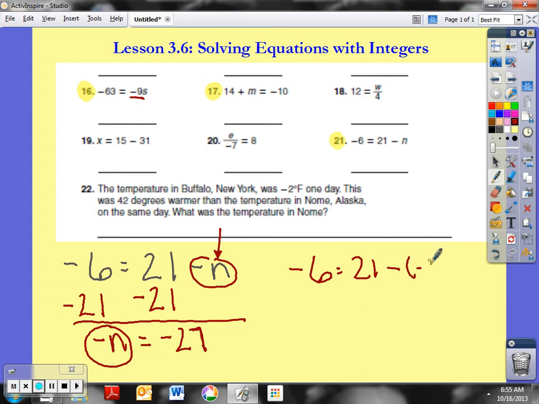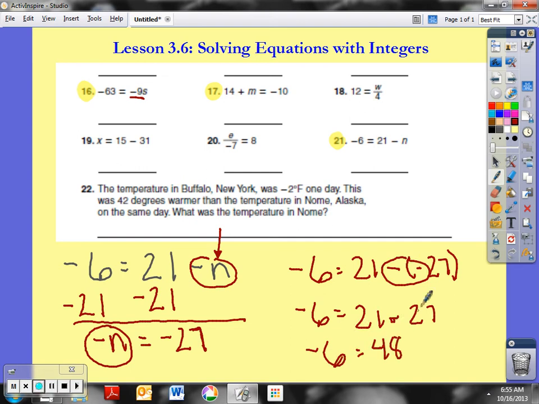So negative 27. So if I say this, I go negative 6 equals, let's see, now this changes to a positive. So I have 21 plus 27. Well, that gives me something like 48, which makes no sense at all.